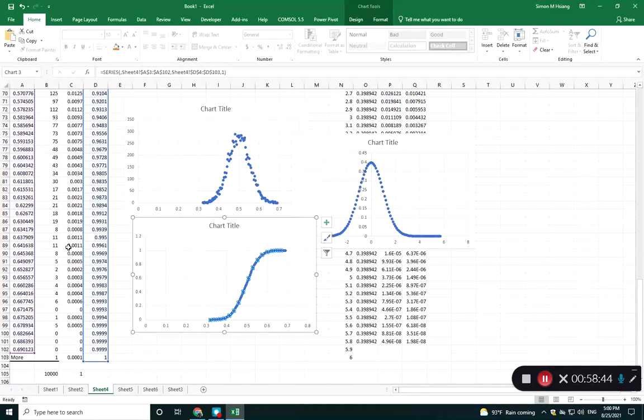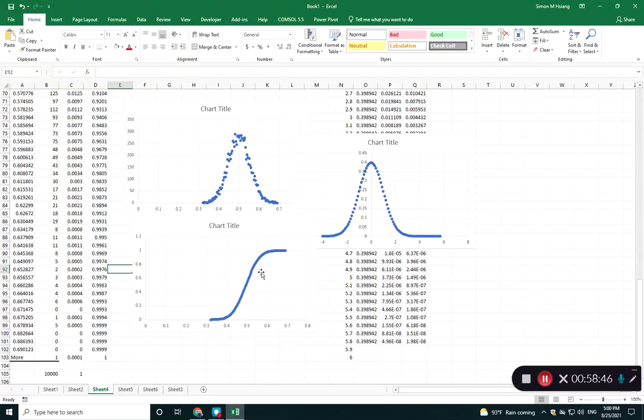Okay? And of course, you can say that here, when a number is very, very low, how likely am I in there? Not very likely. More likely, more likely, more likely in there. That is our CDF.